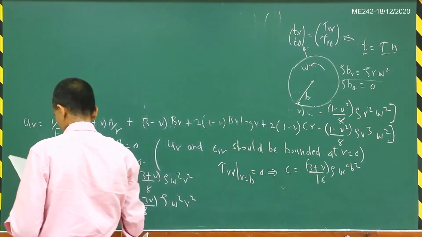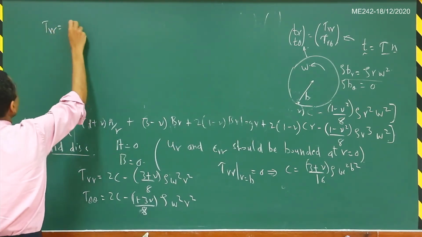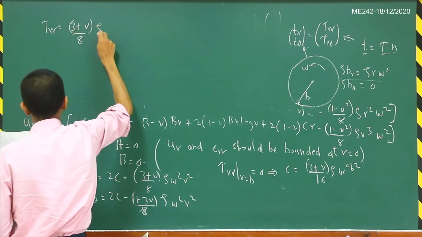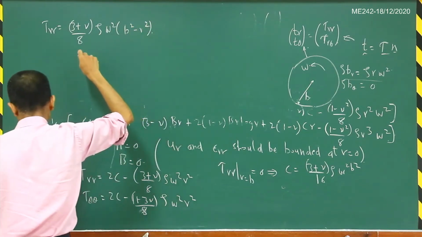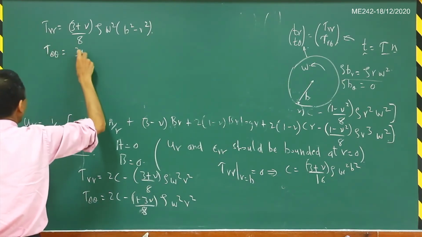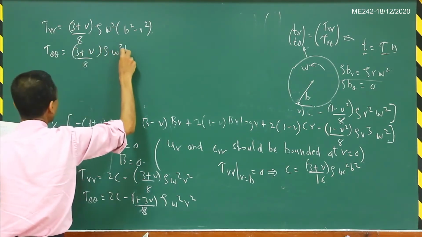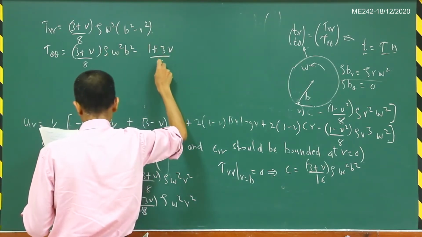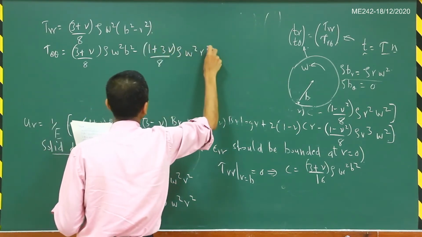So we will get that tau RR is equal to (3 plus mu) divided by 8 times rho times omega square times (b square minus r square), and tau theta theta is equal to (3 plus mu) divided by 8 rho omega square b square minus (1 plus 3 mu) divided by 8 rho omega square r square.